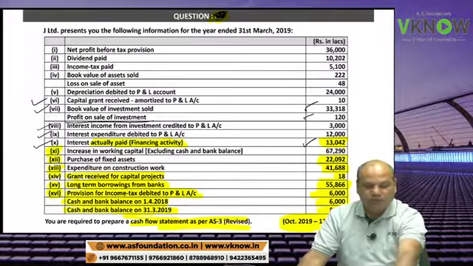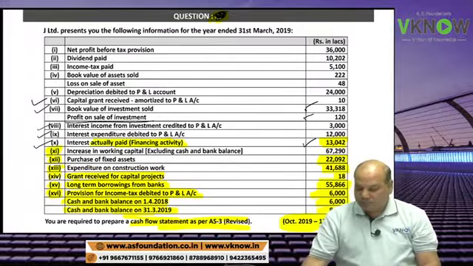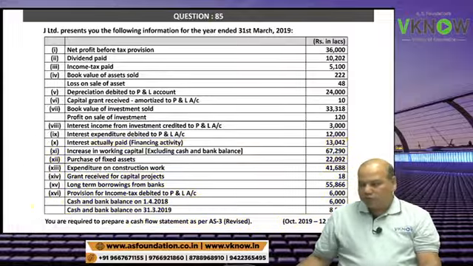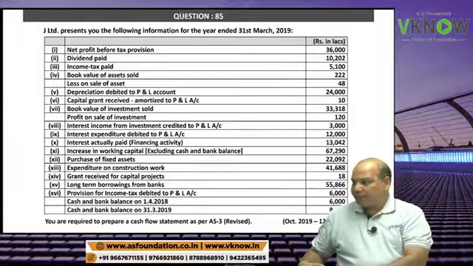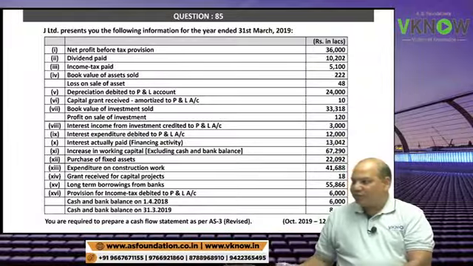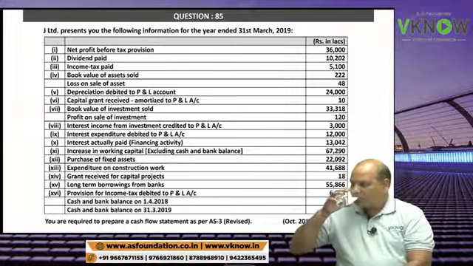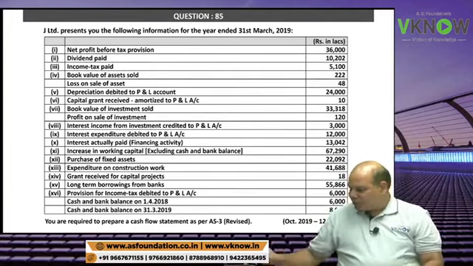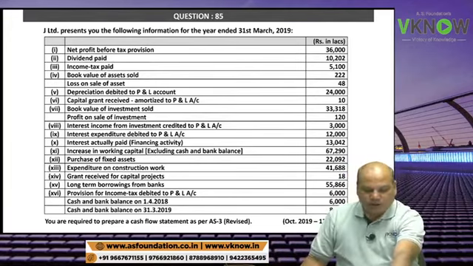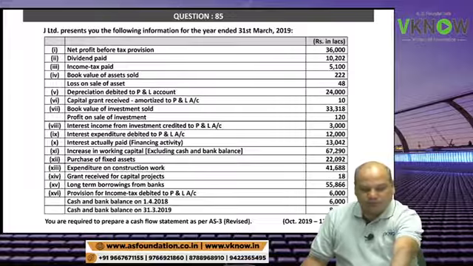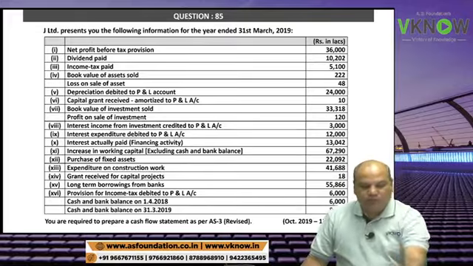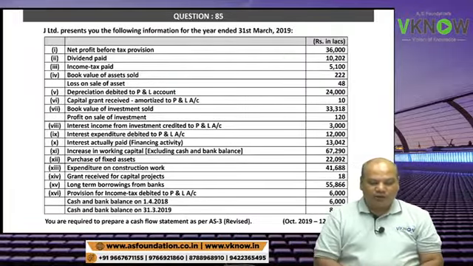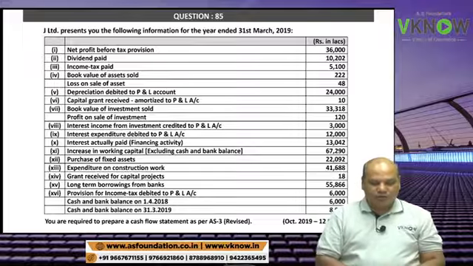So all of you please go through it again yourself and decide which item will go where: which item you will write in operating activity, which in investing activity, and which in financing activity.